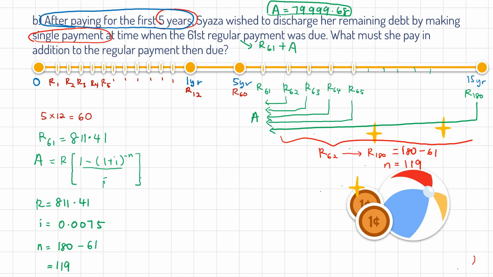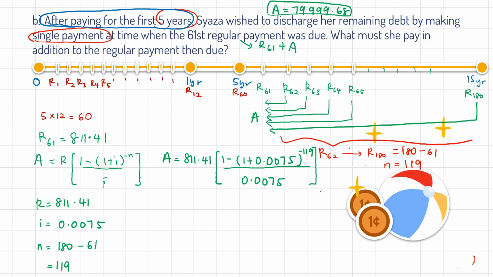And then we just put all the values inside the formula, we will get 811 and 41 cents times 1 minus 1 plus 0.0075 to the power of negative 119, over 0.0075.